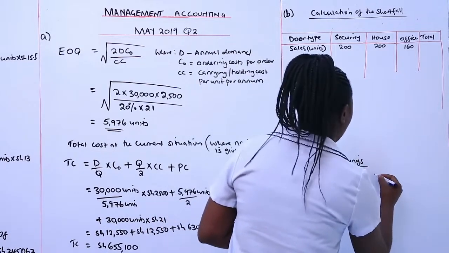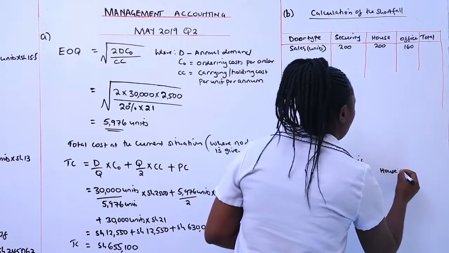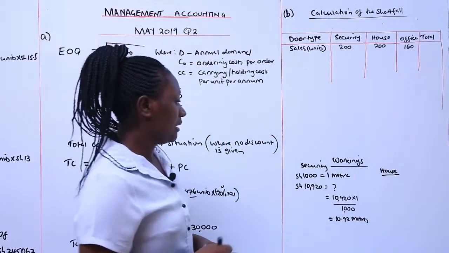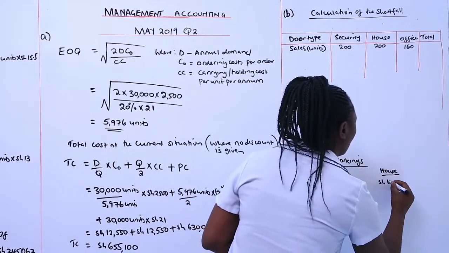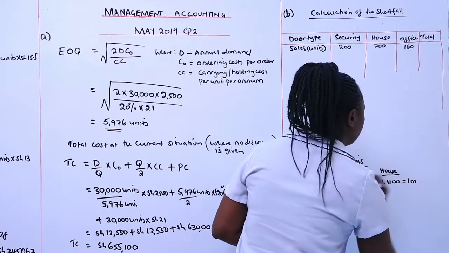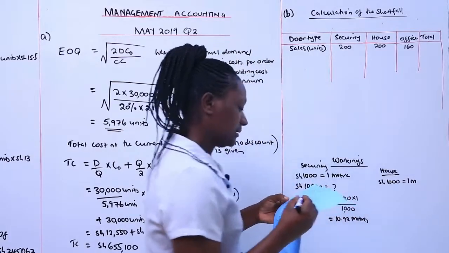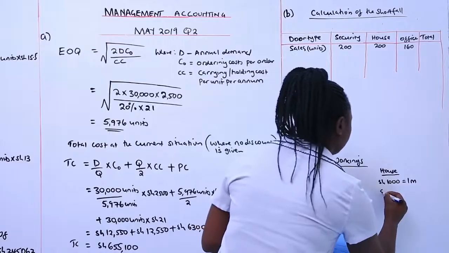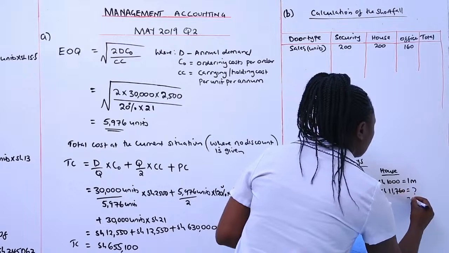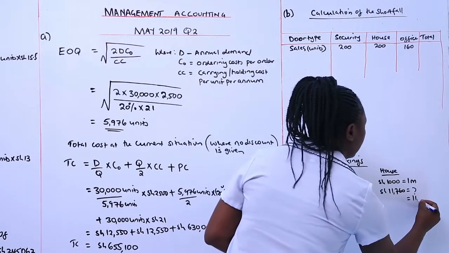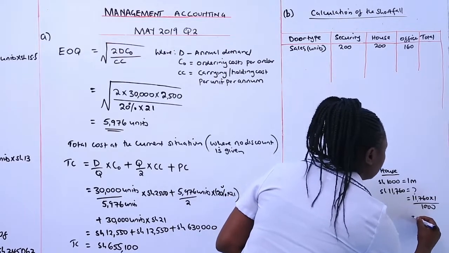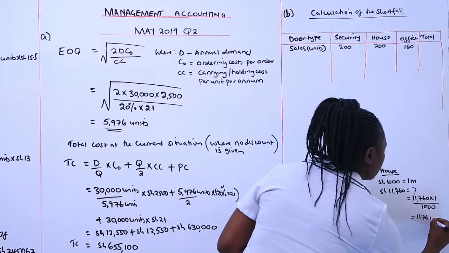Then we do the same for house. How many meters will be required to produce 1 door of house? We are told to buy 1 meter, you require 1,000 shillings. What about 11,760? We are simply taking 11,760 times 1, we divide by 1,000, which will give us 11.76 meters.